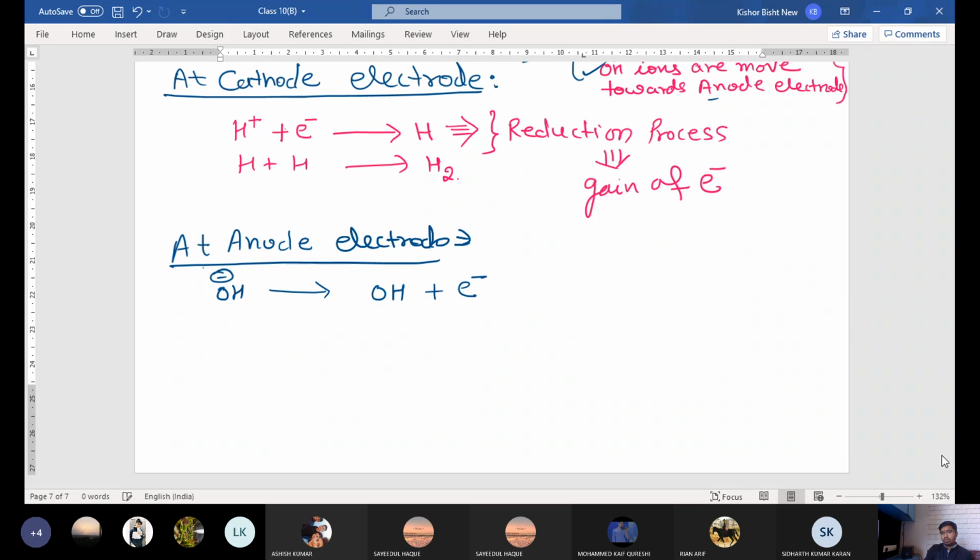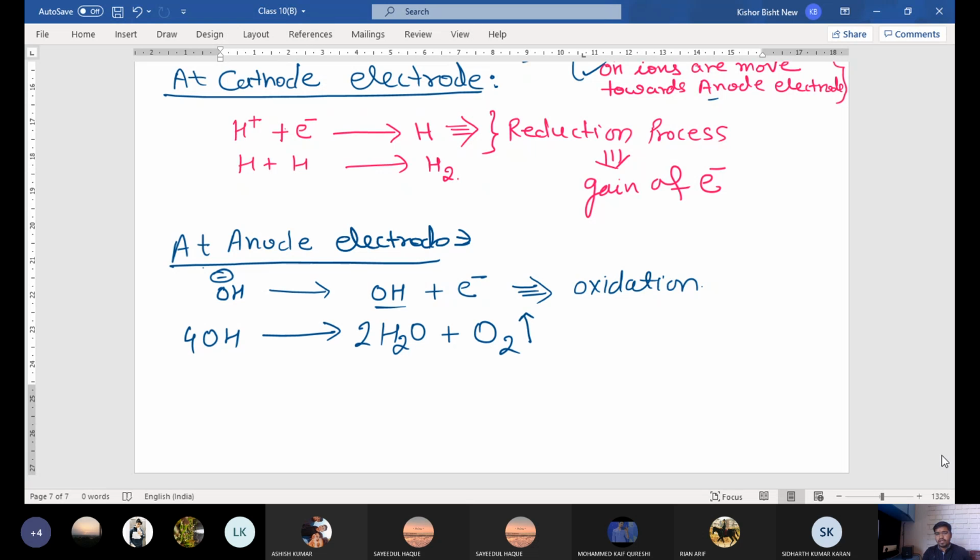So loss of electron is called oxidation or reduction? Oxidation. This is the loss of electron. And then what will happen here? 4 OH will combine and form H2O plus O2. And you balance it, then it is oxygen.